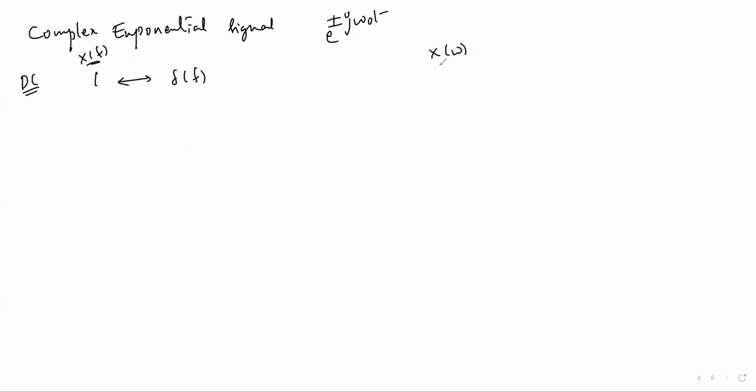In x of omega, the Fourier transform of 1 is 2 pi del of omega. If we multiply in the time domain by e to the power of minus j omega naught t, then multiplying with an exponential in one domain means shifting in the other domain, that we know.